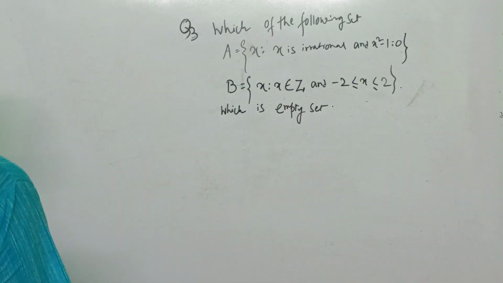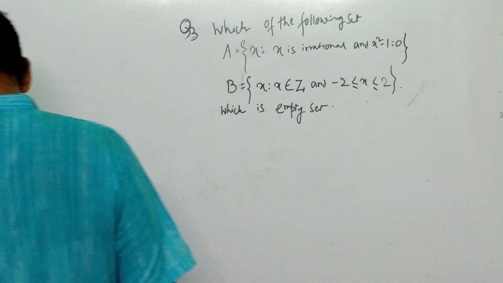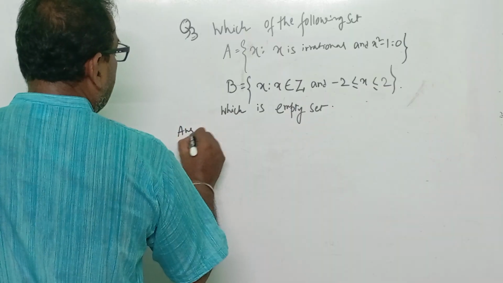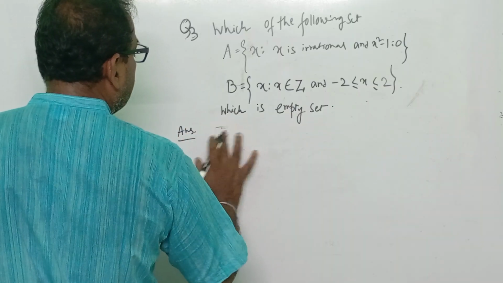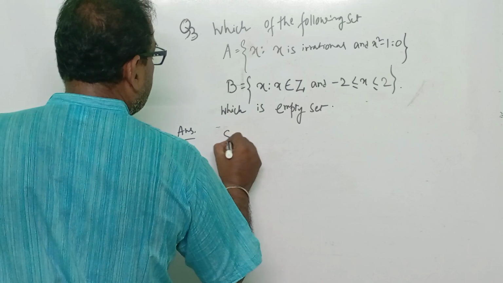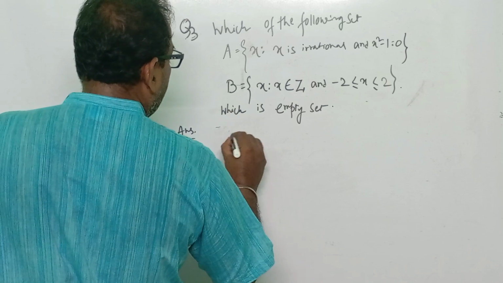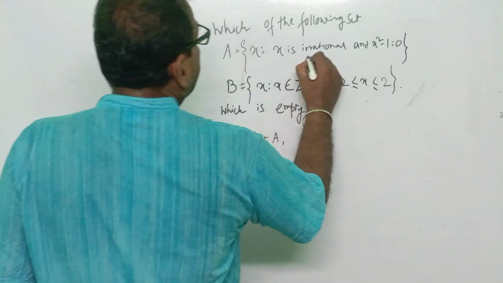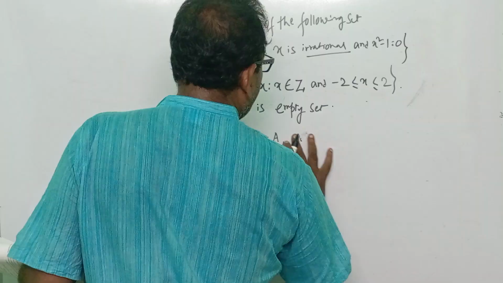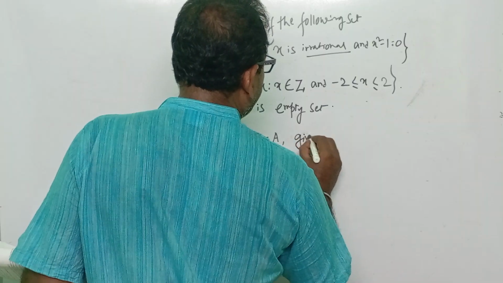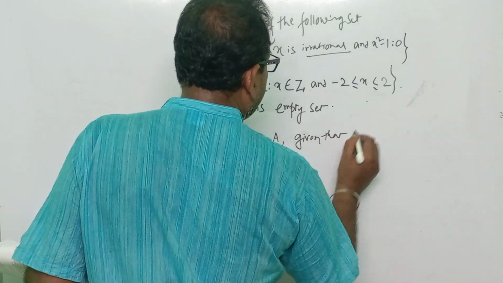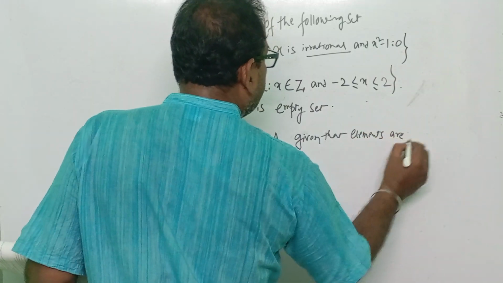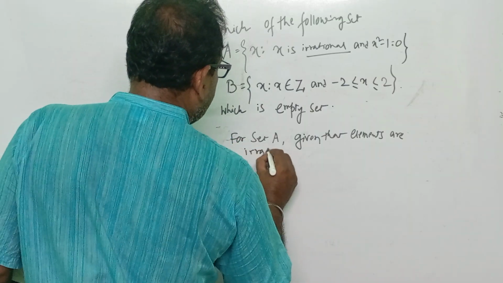Okay. Now for set A, it is given that the elements are irrational.